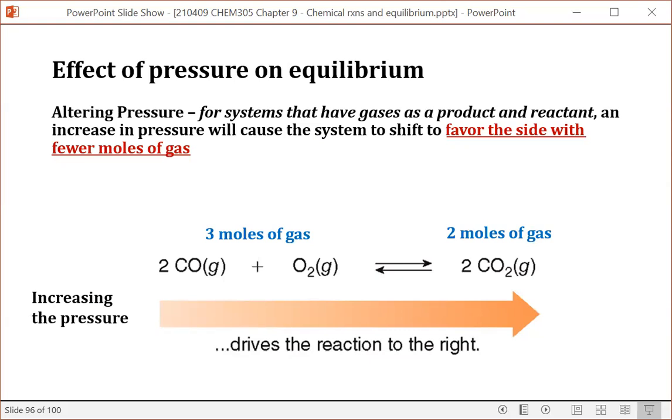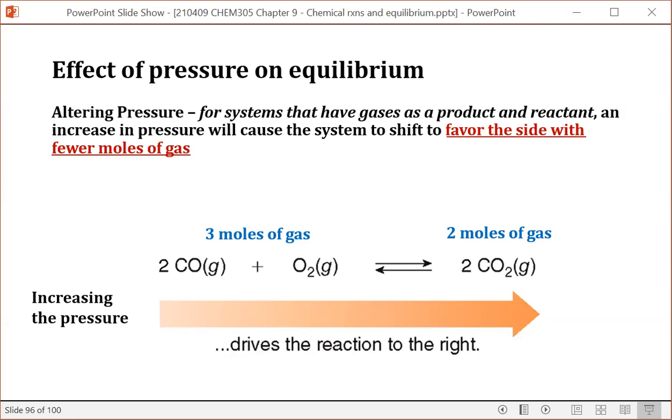Our third condition we can alter to shift equilibrium left or right is pressure. So altering the pressure only has an effect for systems that have gases as a product and as a reactant. If you don't have any gases in your system, changing the pressure isn't going to have an effect on equilibrium.